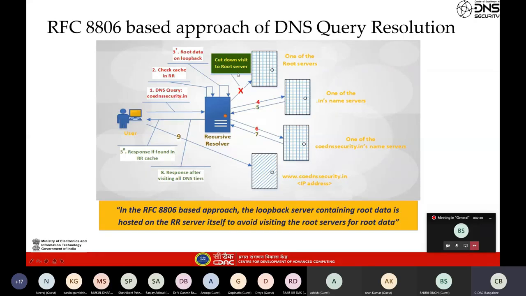By that it can cut down the visits it makes to the root server instances. So by this we can protect against DoS attacks or any attacks, because any query which is beyond the capacity of the recursive resolver's cache has to definitely reach the root instances. So root instances will be overloaded if there is an attack, or if a lot of traffic is coming to that root instance.